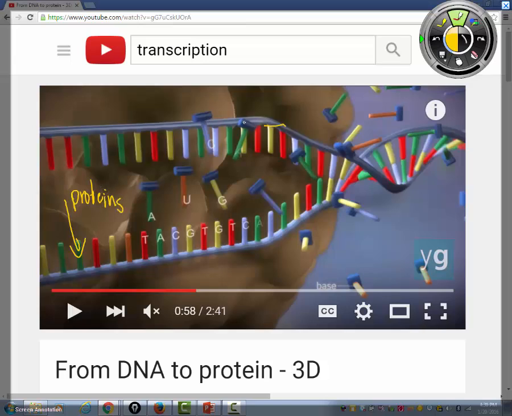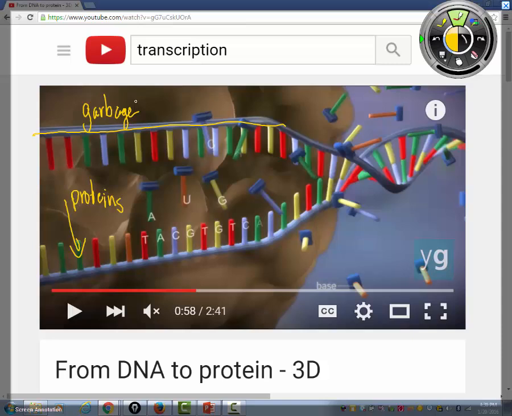And then this side is simply garbage to keep it stable. Now look, DNA never leaves the nucleus, ever.